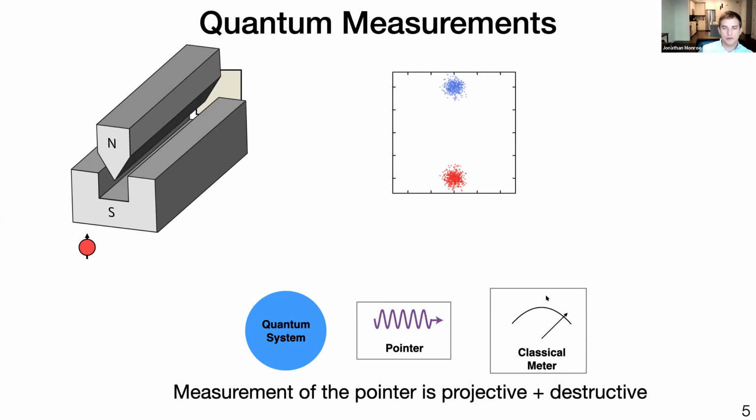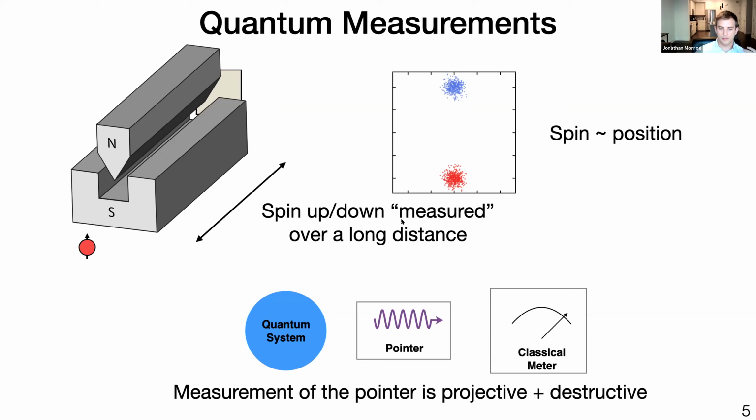And so in this Stern-Gerlach example, the really, I'd say, ingenious part of this experiment is that it couples this spin degree of freedom, this quantum mechanical thing, with the position of the spin at the back of the device. And so this spin up or spin down state is in some sense measured continuously over the long distance of this trench.